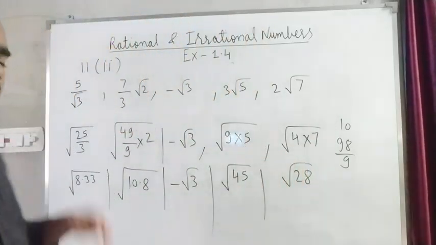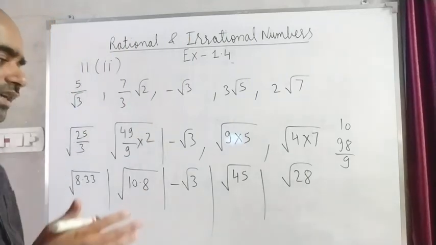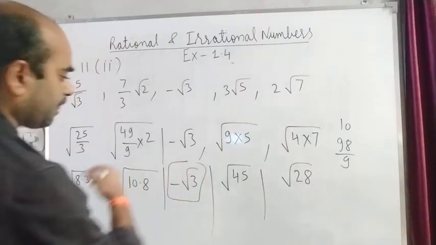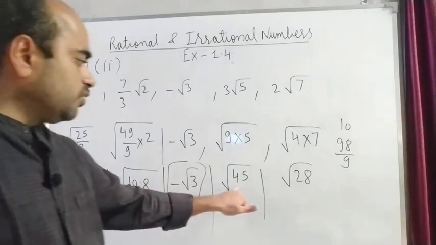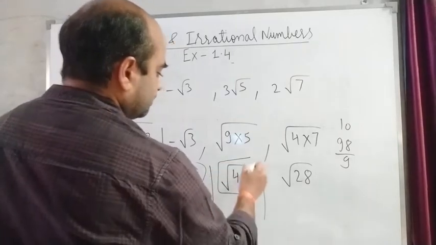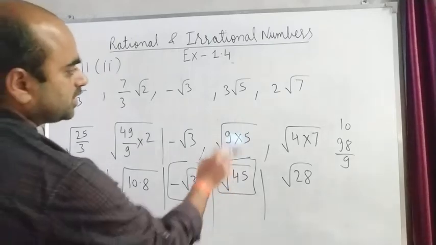Correct? So first of all, we have to write in descending order. Descending means greatest to smallest. So which one is greatest number? Leave the negative number. Greatest is 8.33, maybe 10.8 something, root 45, root 28. It means root 45 is the greatest number. Clear?